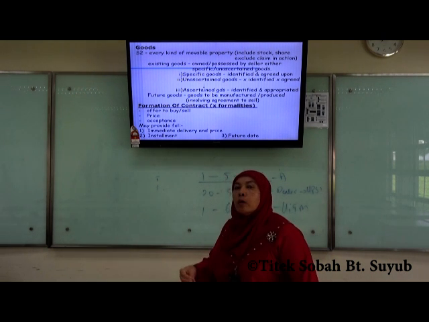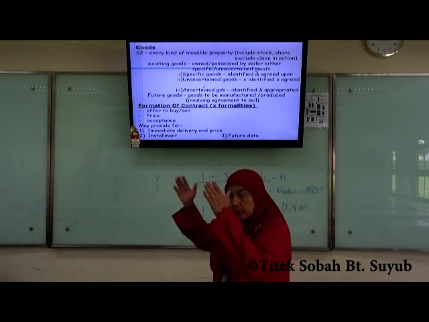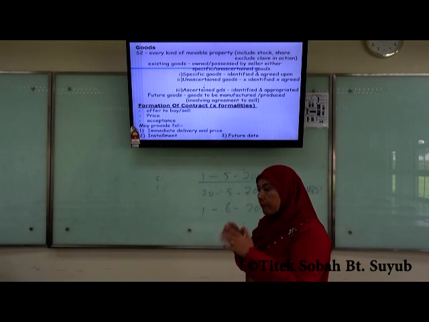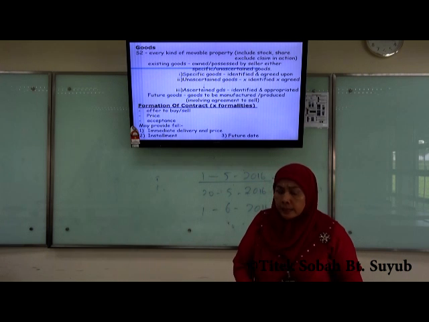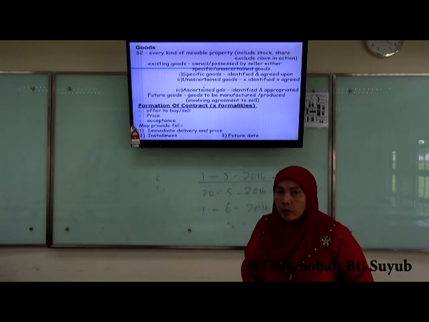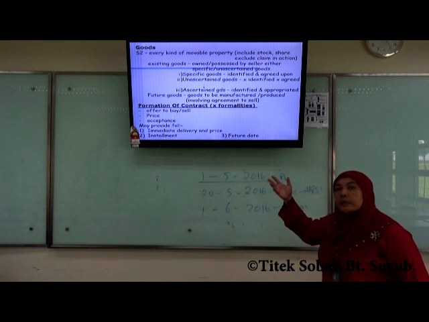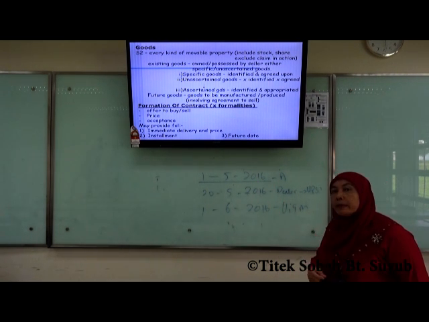So what the dealer does is take it from the place where it is stored and put it aside. This is for me. This is the product which I ordered. So under the situation, the specific goods which I have ordered now become ascertained goods.